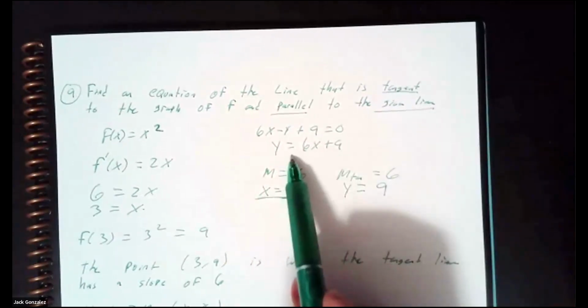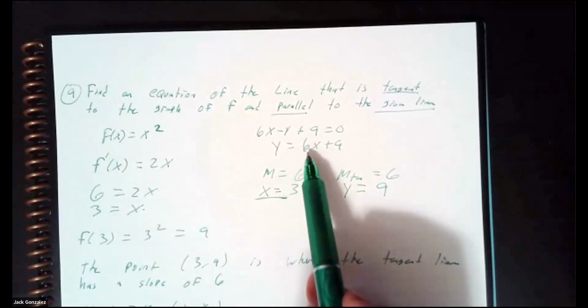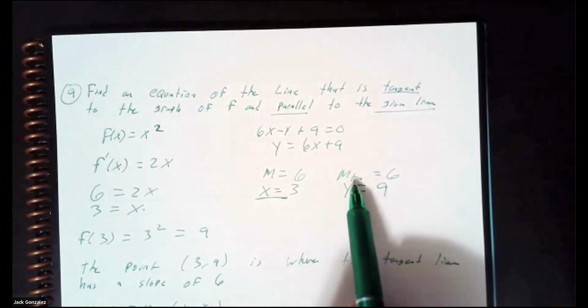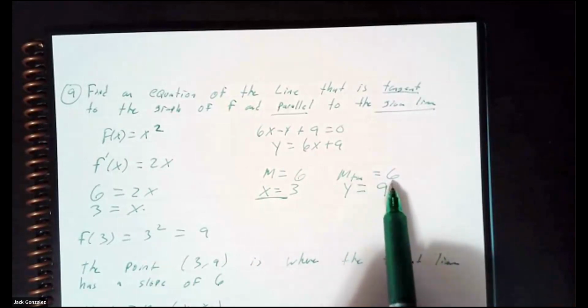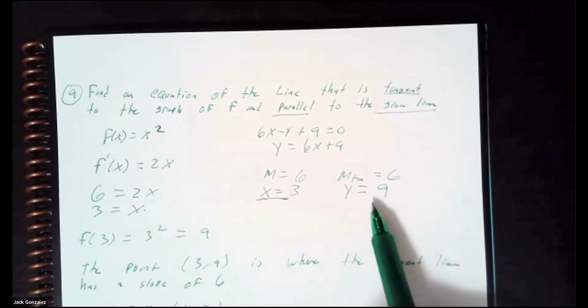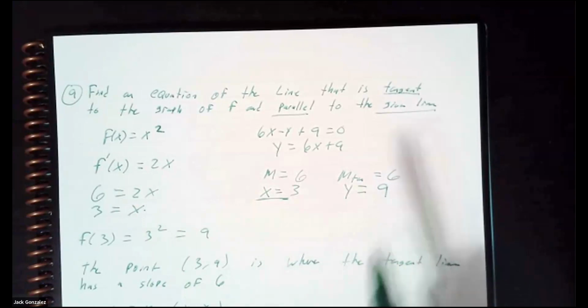So the given line has a slope of 6. So the tangent line must also have a slope of 6. Got it. So this allowed me to set it equal to the derivative and find x. Use that to find y. Once you have a point and the slope, you can use this formula. Okay.